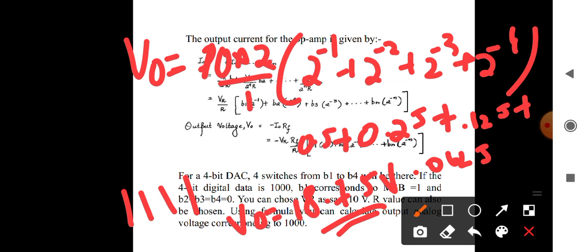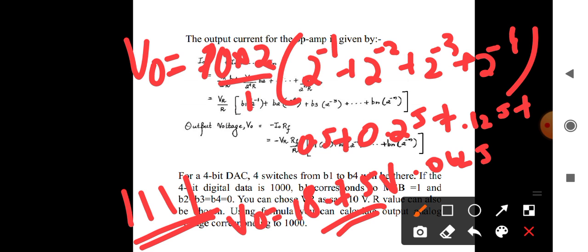So 18.75 is the full scale output voltage corresponding to your 1111.